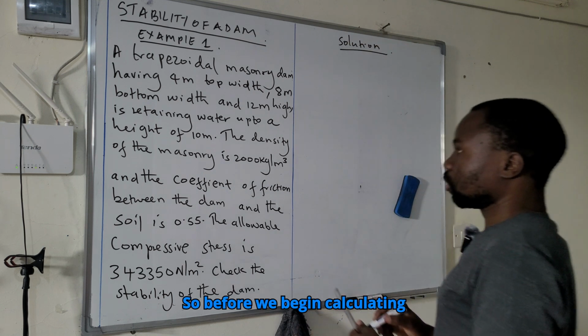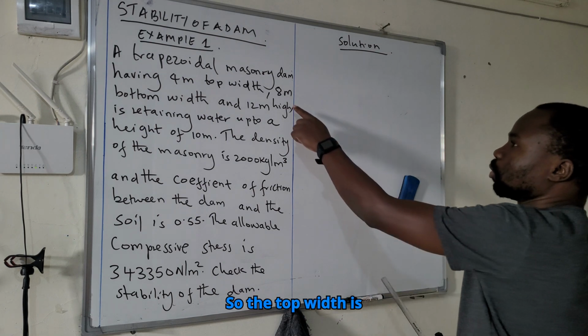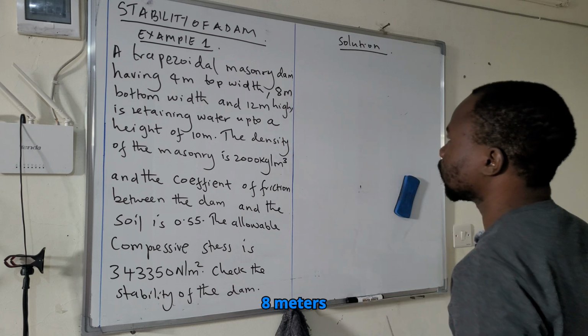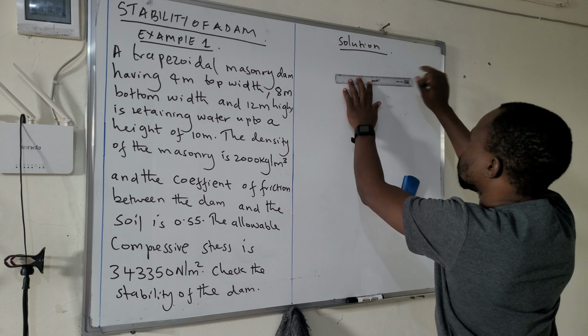So before we begin calculating the stability of this dam, let's draw it. The top width is 4 meters and the bottom width is 8 meters. So I will draw it here.